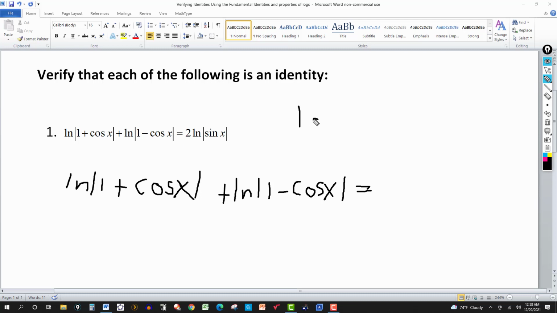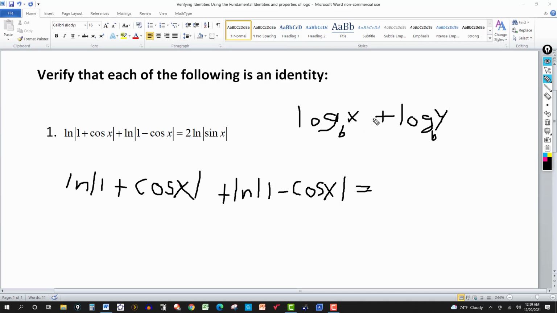We have the log base b of x plus the log of, say, some number y to that same base b. And here I'm assuming that x is positive and y is positive.